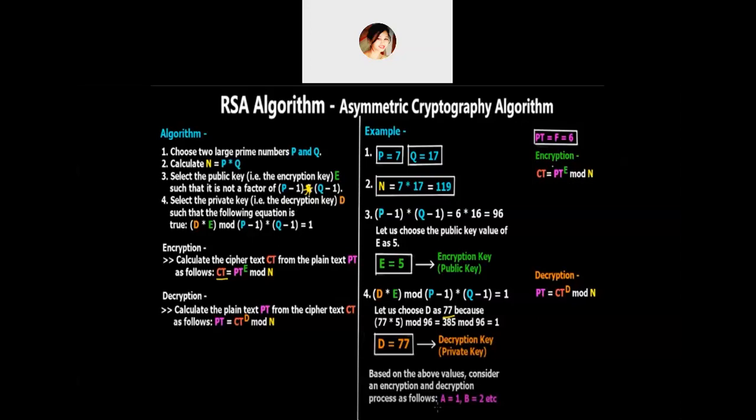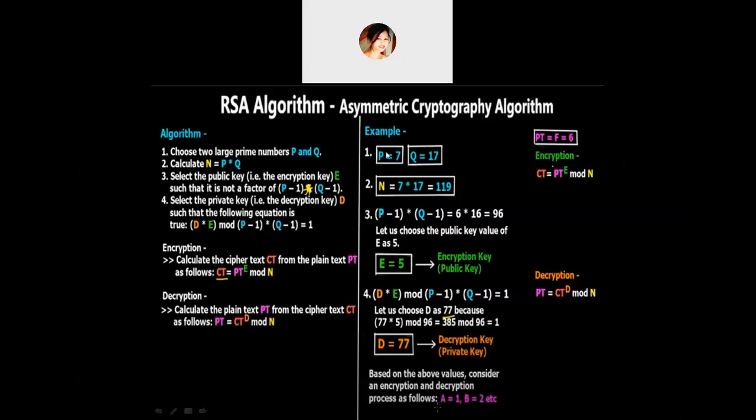We already have these values, right? So this is for encryption. According to our conversion of alphabets to numbers, F is assigned 6, so PT equals 6. Again, for simplicity, I'm only using one alphabet. We can use double or triple alphabets here, but I'm using only one to explain how it works, or else the calculation becomes very tedious.